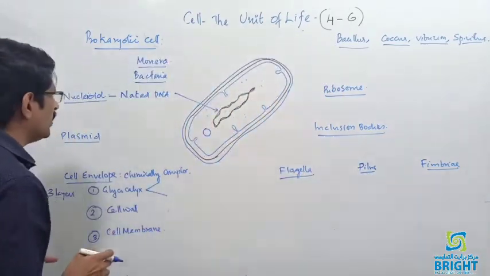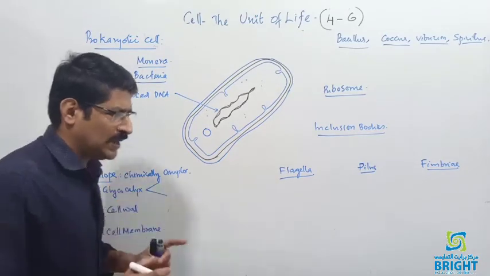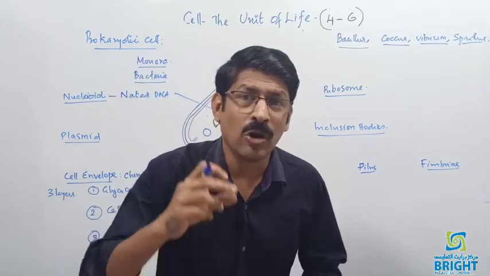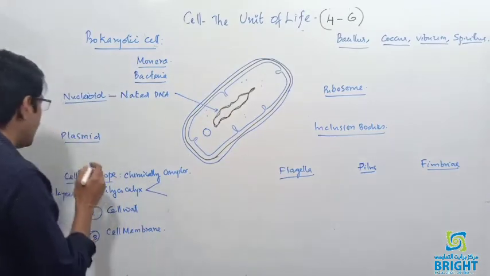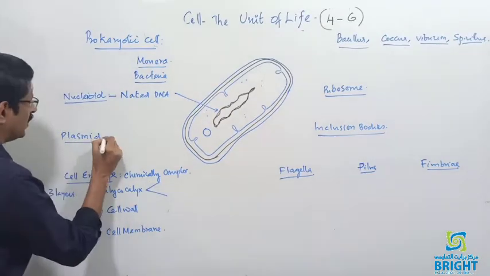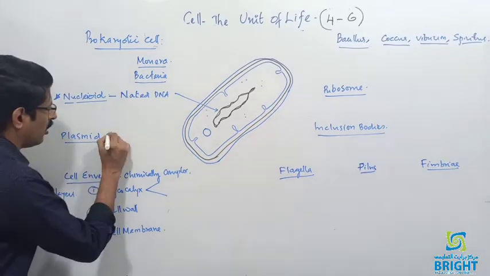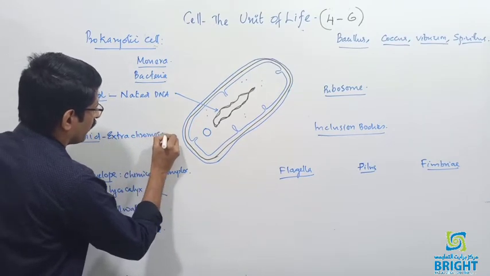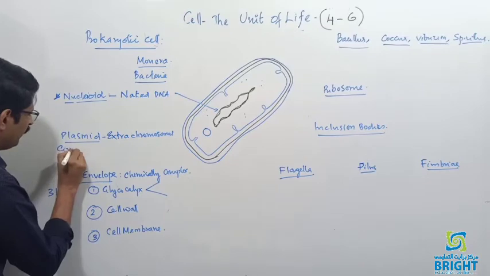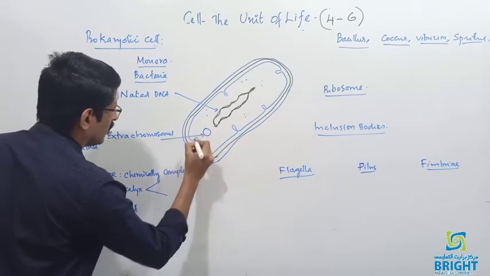In addition, many bacteria have an extra chromosomal circular DNA, and that extra chromosomal circular DNA is called plasmid. So the genetic material of the bacteria is nucleoid or naked DNA, and there is an extra chromosomal circular DNA present in the prokaryotic cell, called plasmid.